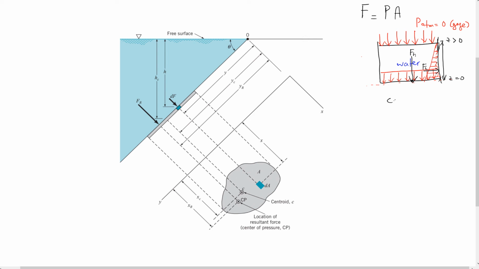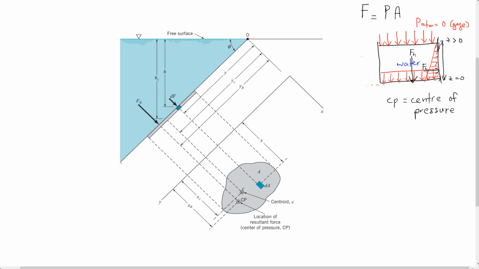In this case, the wall is vertical. In the other case, the wall is horizontal.